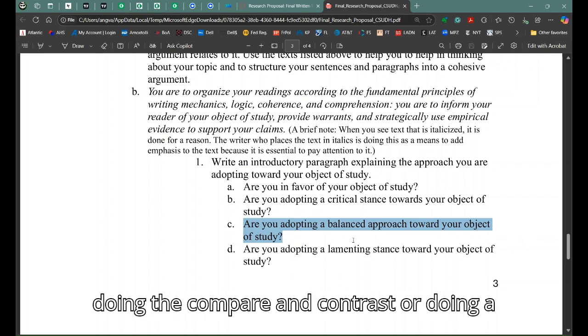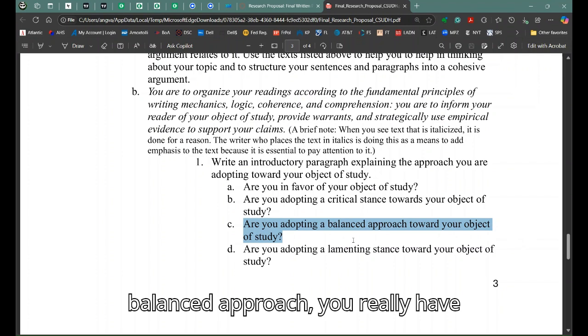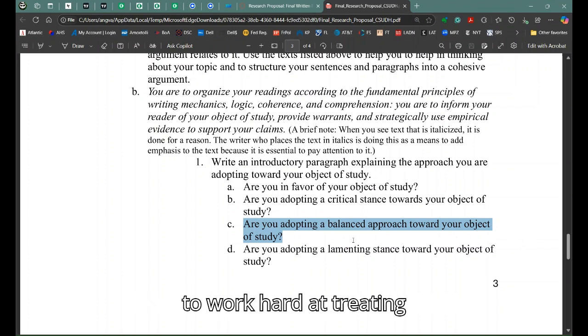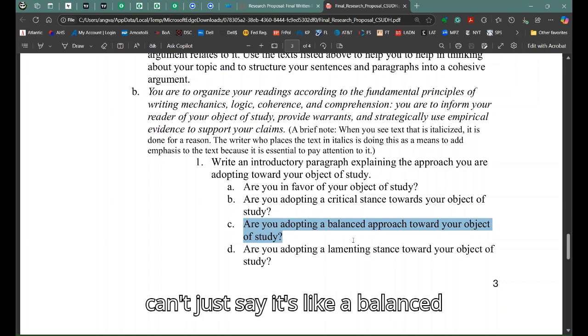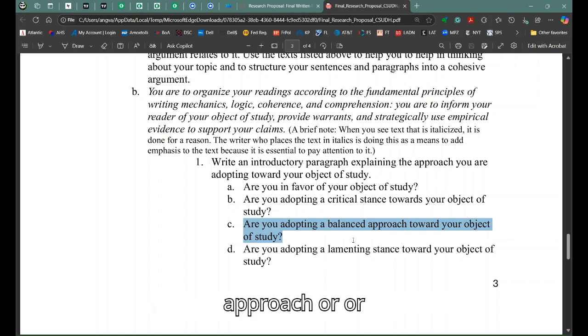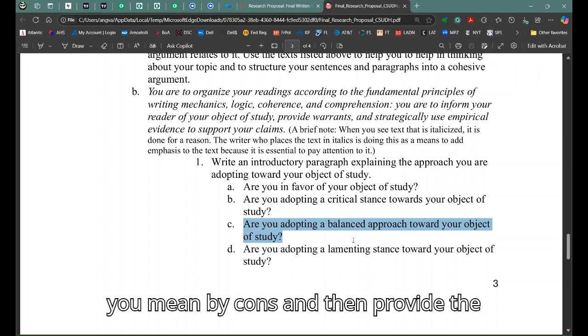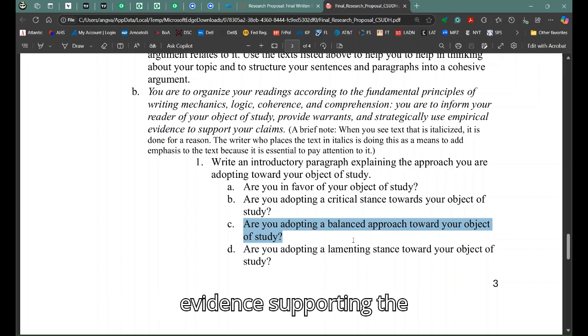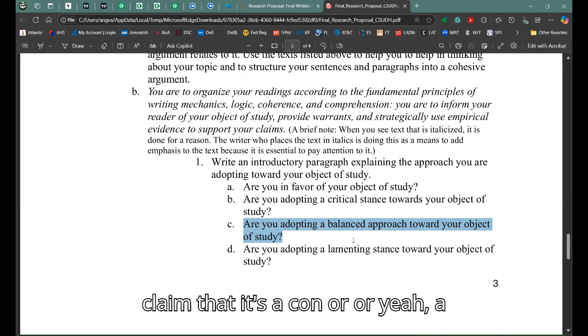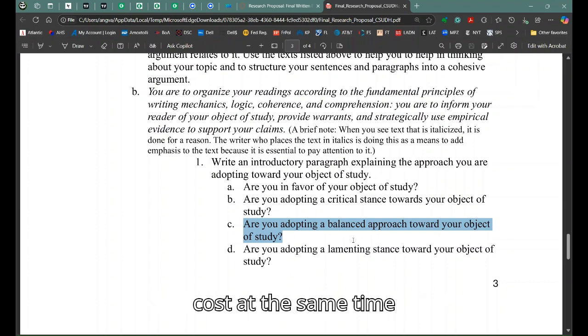But when you're doing a balanced approach, you really have to work hard at treating each side of the debate equally. Because you can't just say pros and cons. You have to explain what you mean by cons and then provide the evidence supporting the claim that it's a con, or a cost.